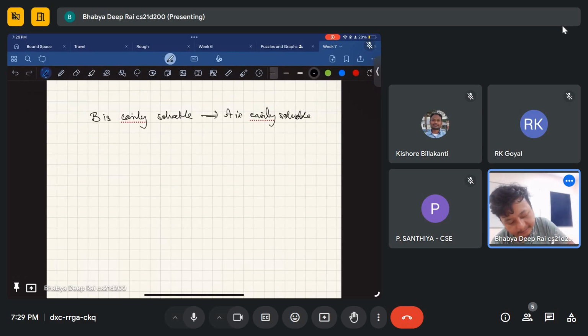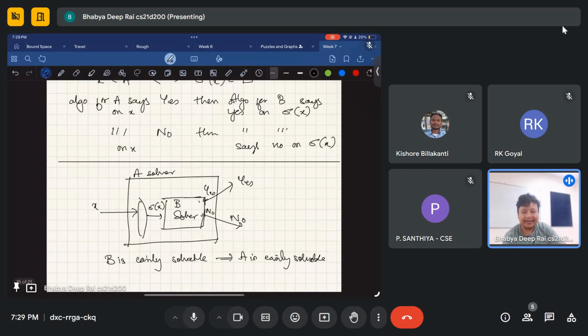Using this box diagram, you understand that if I have a B solver, then an A solver can be built easily.